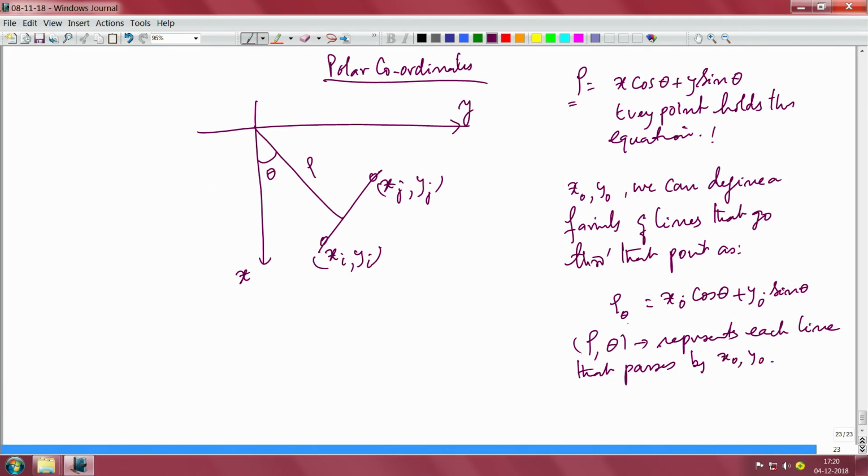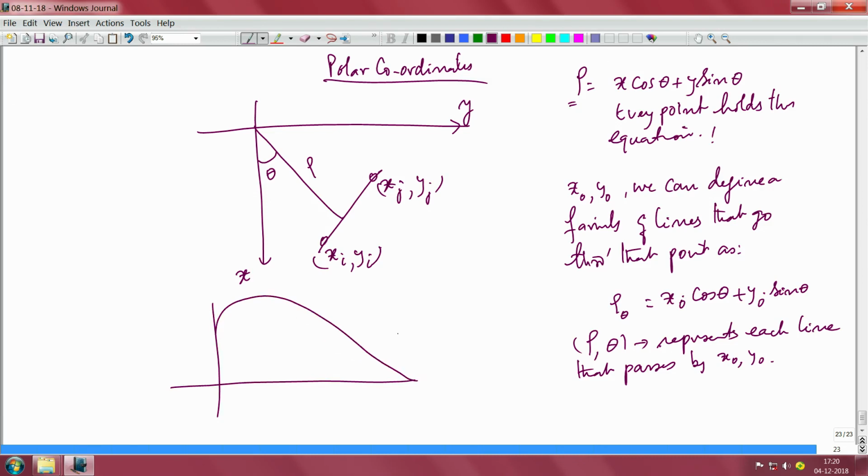Now if we plot the family of lines that go through a given x naught y naught, what we get is a nice sinusoid. You get something like this.